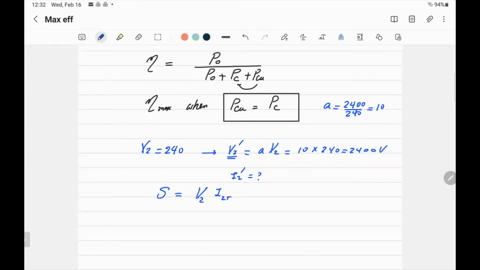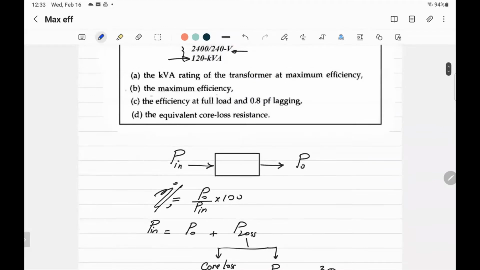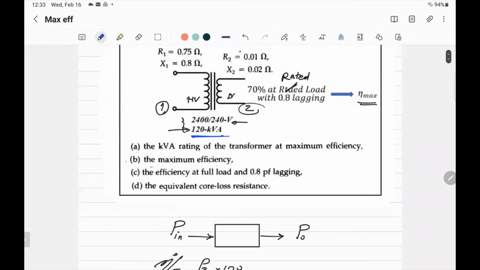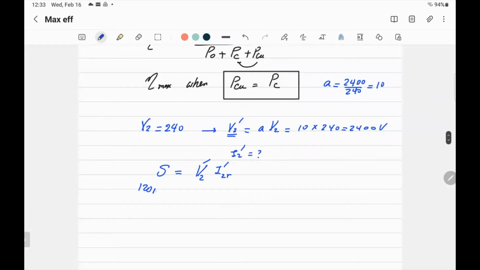But I'm working on the other side, so I will say V2 dash, I2 R dash, working on the primary side. The rated value of the apparent power is given here with the transformer, 120 kVA. So 120,000 volt ampere is equal to V2 dash, 2400 volts, times the rated current.